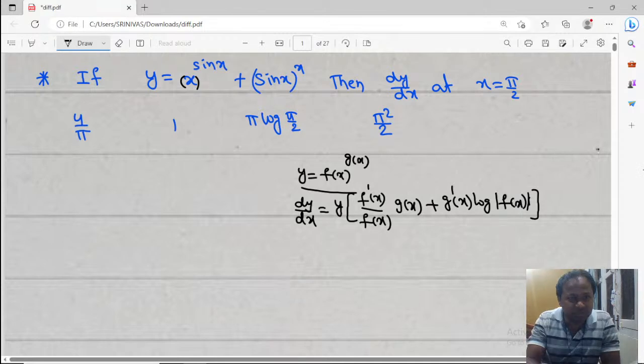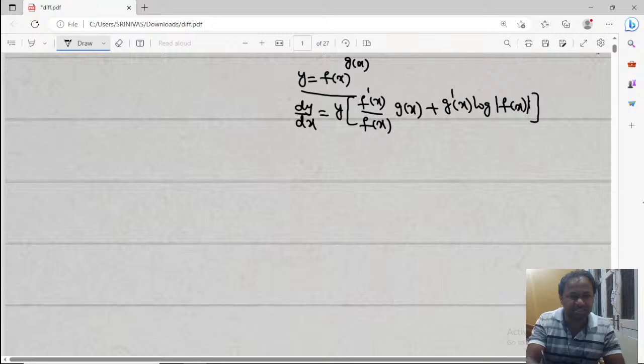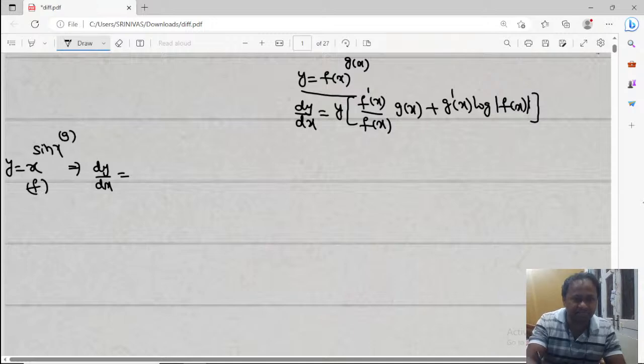See the solution. First, I will take x power sin x, after that sin x power x. If y is equal to x power sin x, then dy by dx is equal to, this is f and this is g. So y means x power sin x into f dash of x.